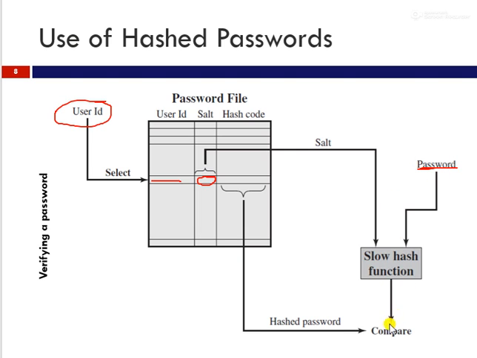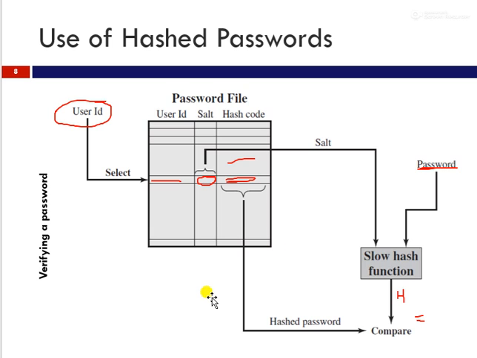This slow hash function will generate a hash code. This hash code is matched against the hash code value that is stored in this record. If both hash code values are the same, the user has been authenticated successfully.